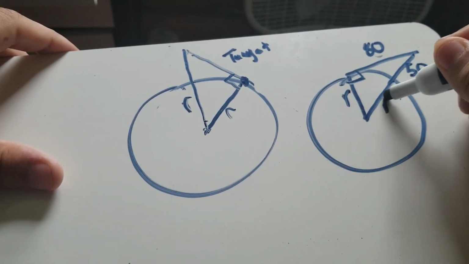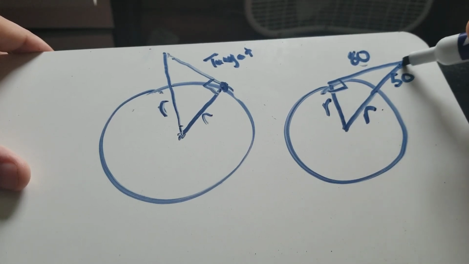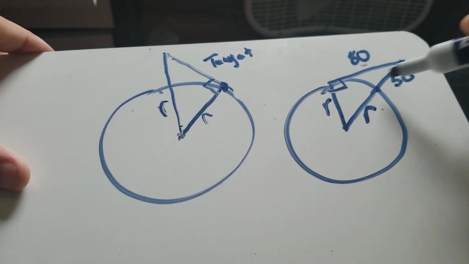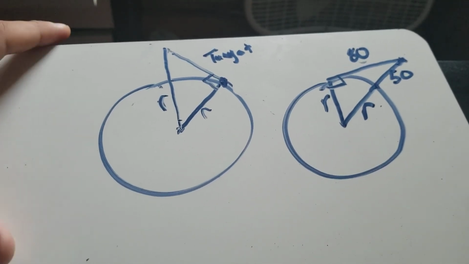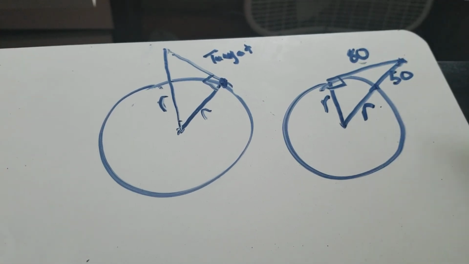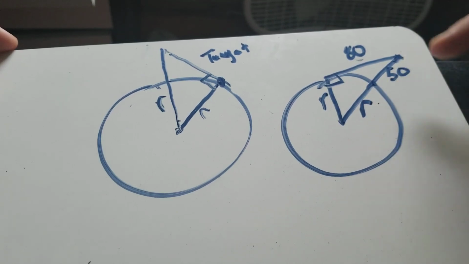R and R. So we have a question like this. We have 80. We know this segment right here is 50 to 50. And we have R and R here. What are we going to be forced to do in this situation? I want to find the radius, right? I don't give you the area. I don't give you the circumference. All I give you is this random tangent and this radius going to another point. The same point.